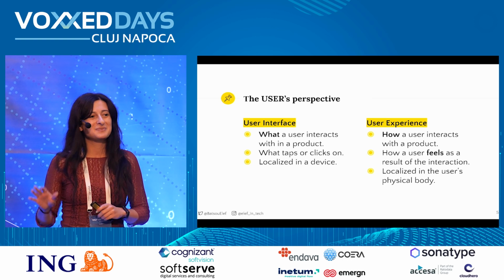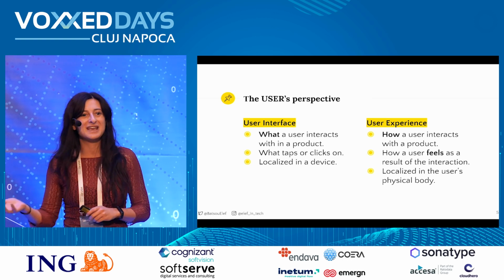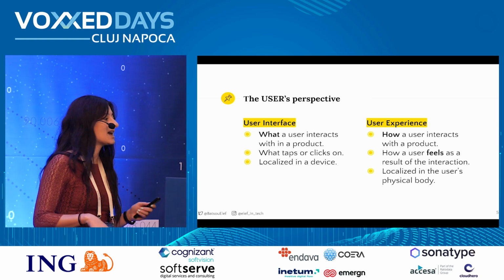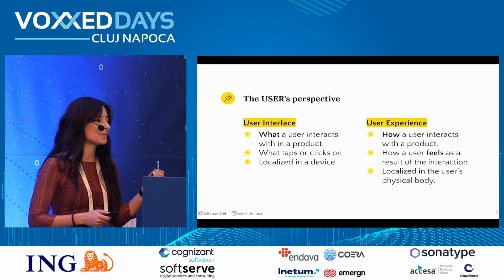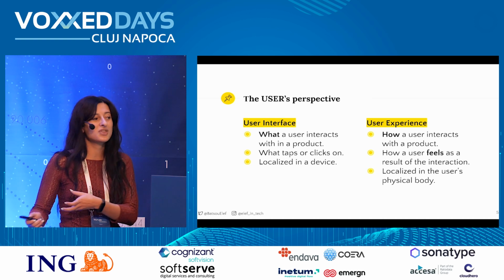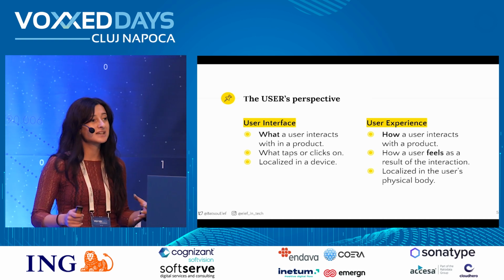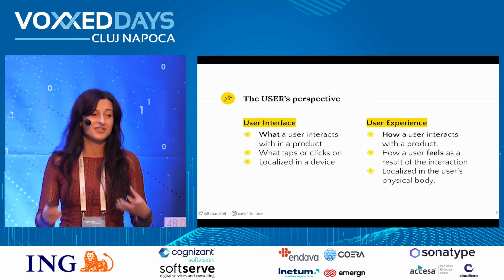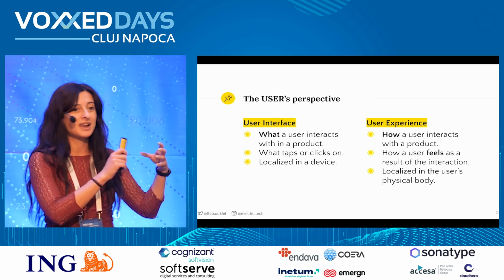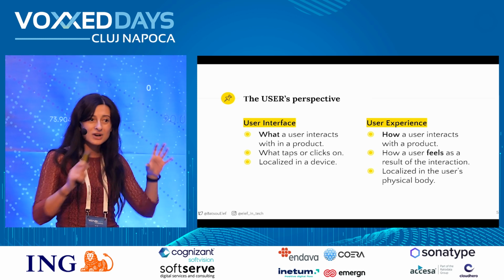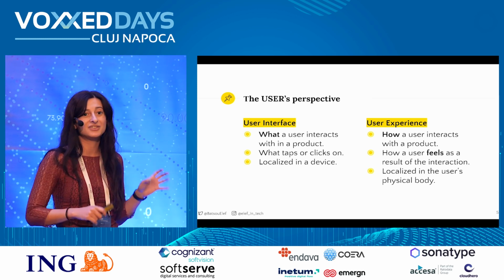I'm going to start from the user's perspective because it's a bit easier to understand it, and probably you already know those things. So the user interface is what a user interacts with in a product and what they tap or click on, and the whole experience is localized in a device. So it's different if you have a laptop, if you have a Mac, if you have an iPhone, an Android, but the whole experience is localized on that device.